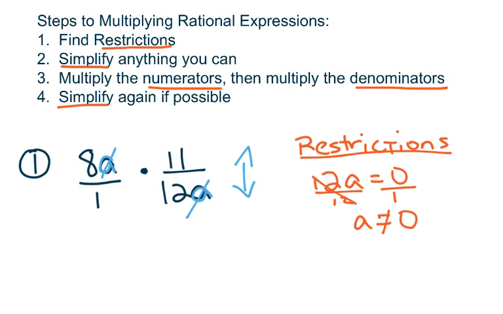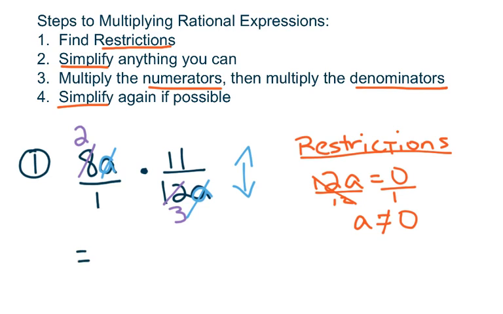Now, I also notice that my 8 in the numerator is divisible by 4, and my 12 in my denominator is divisible by 4. So I'm going to go ahead in a different color. 8 divided by 4 is 2, and 12 divided by 4 is 3.